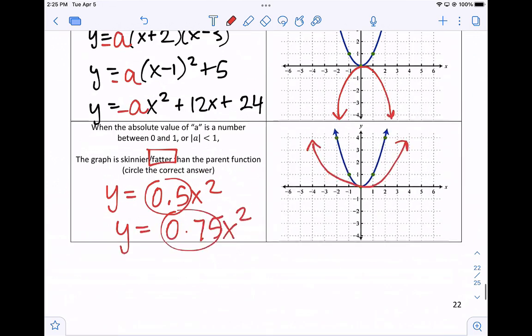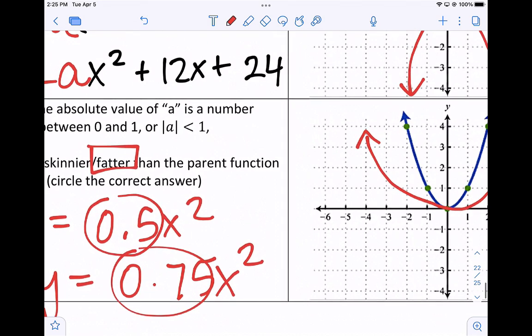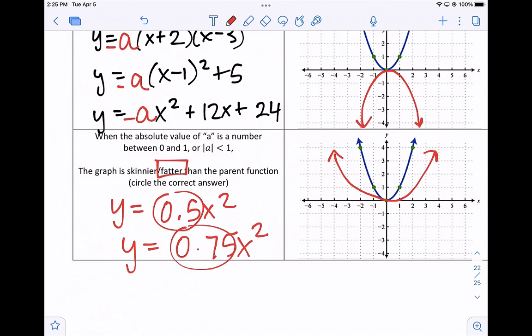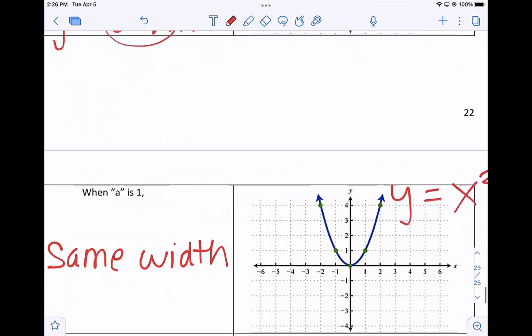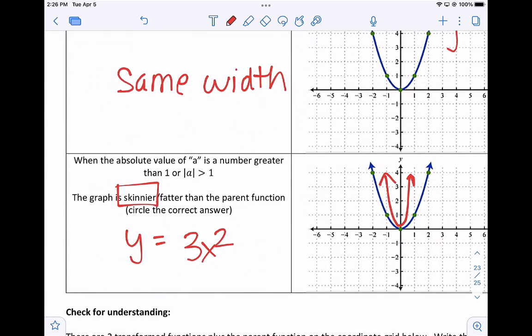So again, to summarize, if it's negative, it's frowny face, upside down. If a is positive, it's a smiley face graph. If a is a number between 0 and 1, so smaller than 1, but still positive, or it could be negative, it's going to be wider than the original. If a is 1, it's the same width as the original. And if the a value is bigger than 1, it's going to become skinnier than the original graph.